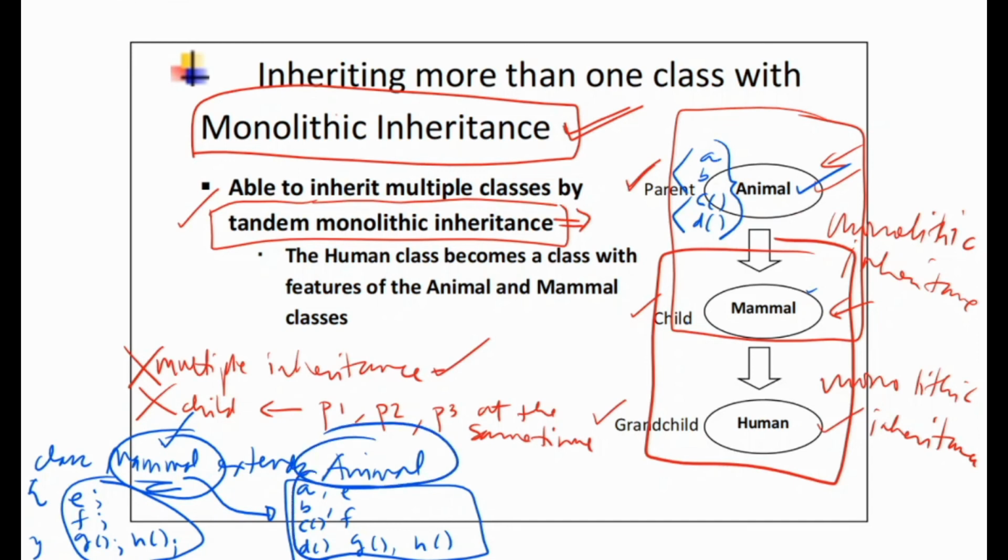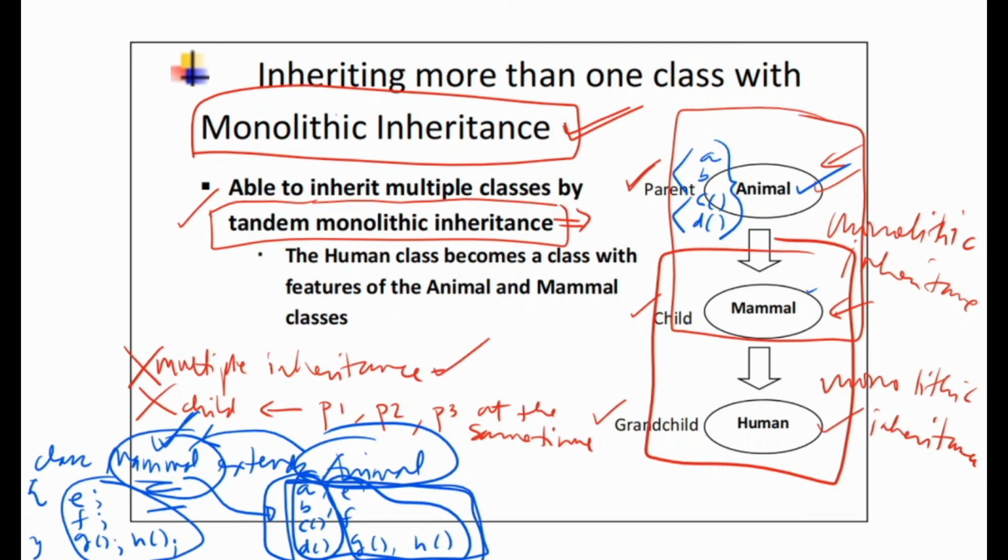A, B, C, and D are inherited by mammal from animal, while E, F, G, H are its own unique or proprietary fields and methods. So mammal possesses all of these features.